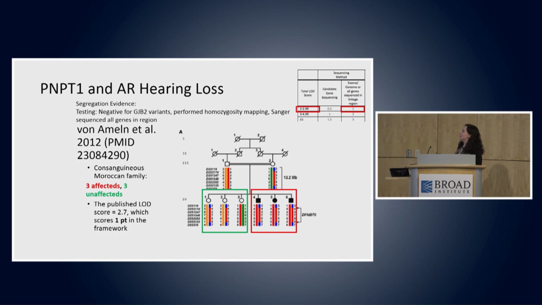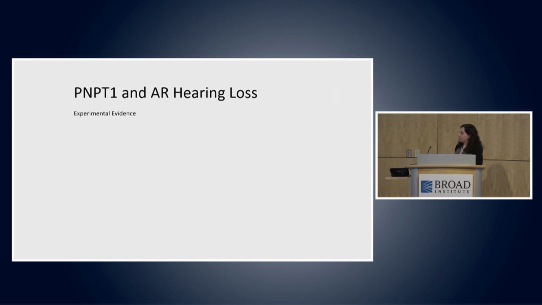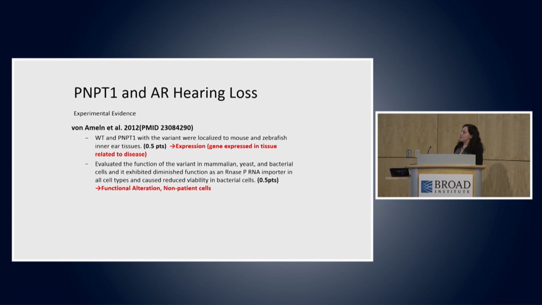So this is the little cutout of the framework here. The LOD score is 2.7, and we have 2 to 2.99 being the score here. All the genes were sequenced in the linkage region, and so in this case, we give 1 point for the segregation scoring. For experimental evidence, which was in the same paper, the wild type and the PNPT1 with the variant were localized to mouse and zebrafish inner ear tissues.